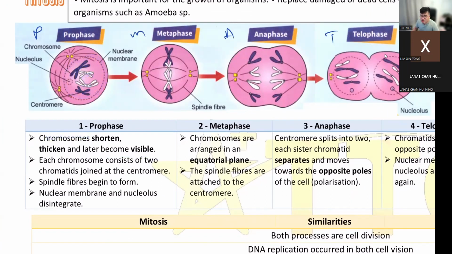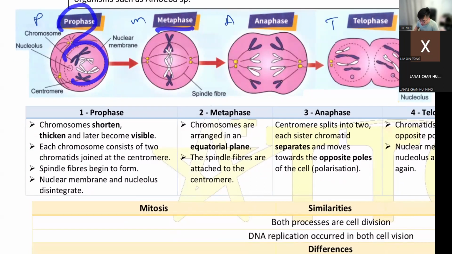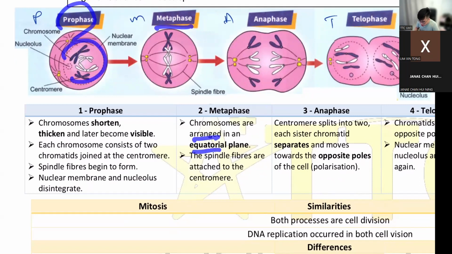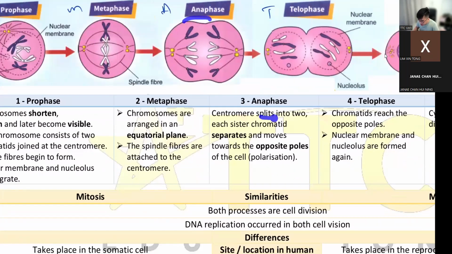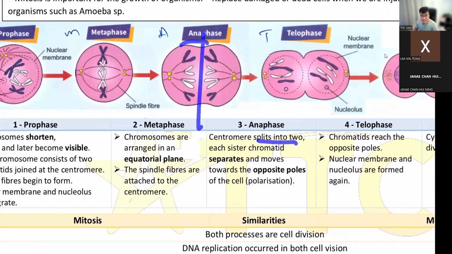I did ask you to highlight this. Metaphase is when they are arranged at the equator. Anaphase is when they split into two. And telophase is when they reach opposite poles.